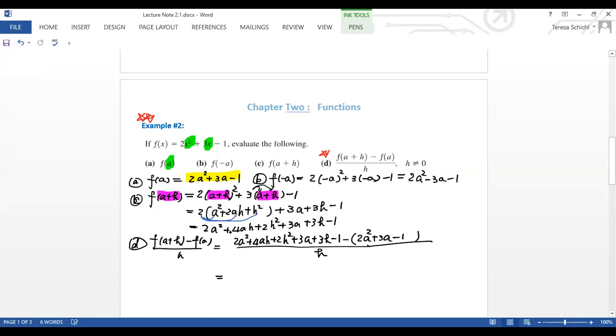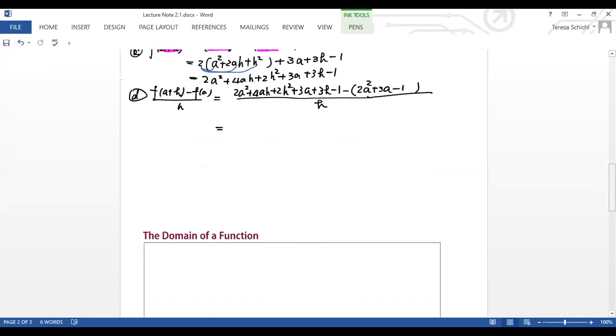Okay, now let's simplify it a little bit. Remember, when you do math, you just need to be very careful and very patient, right? So 2a squared plus 4ah plus 2h squared plus 3a plus 3h minus 1, then minus 2a squared minus 3a plus 1.